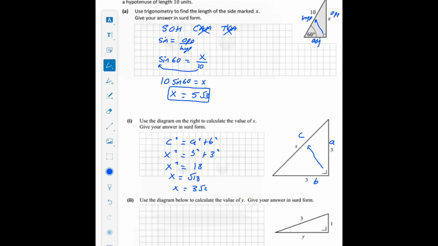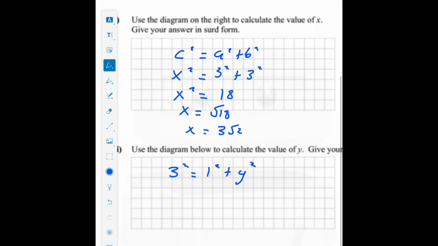Okay, and then the one underneath is also Pythagoras. How do I know that? It's a right angle triangle. We know two sides. We're looking for a third side. I'm going to label my c opposite the right angle, and then a and b don't matter. So I'm going to have 3 squared is equal to 1 squared plus y squared. So 3 squared is 9. 1 squared is just 1, plus y squared.